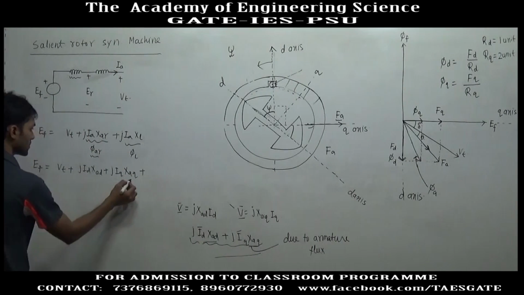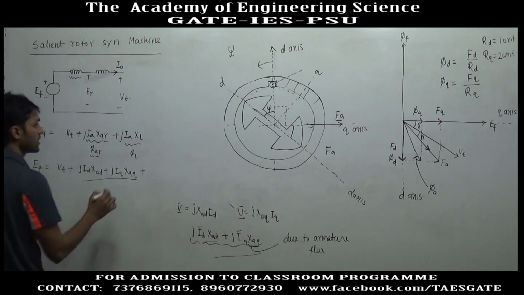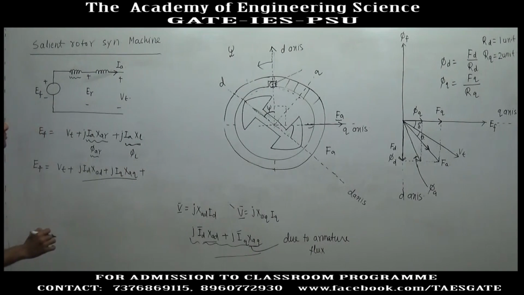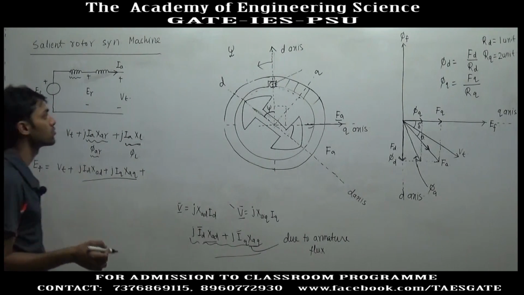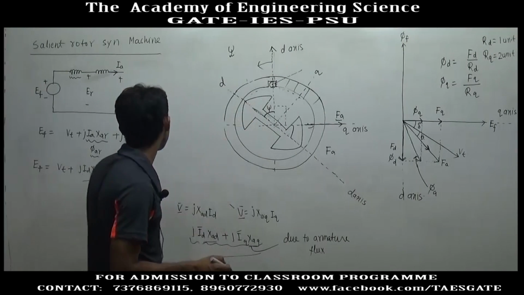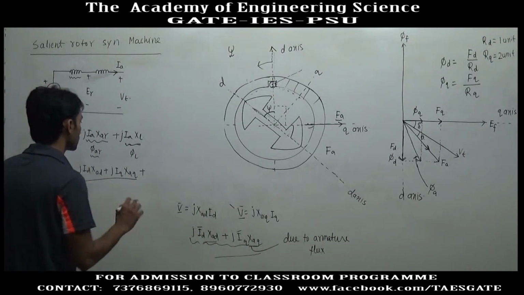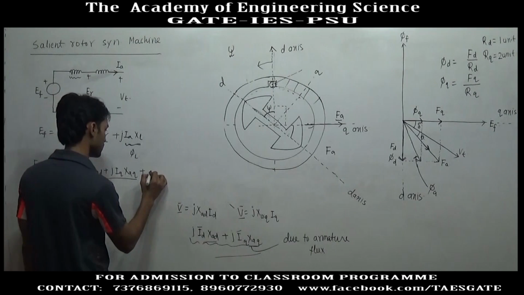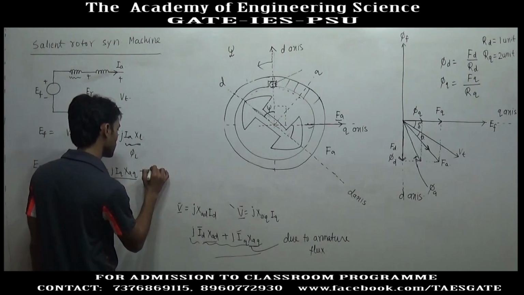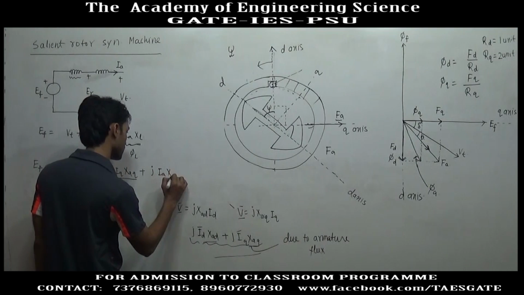This is the effect of armature reaction, and the leakage flux has nothing to do with the orientation of the rotor position. So, this will be directly proportional to the armature current, jIA XL.